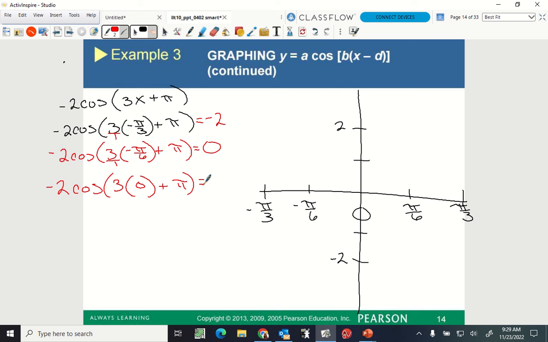And cosine at pi is negative 1. So now I have that negative 1 times negative 2, positive 2. Let's keep going. So negative 2 cosine of 3 times pi over 6 plus pi.